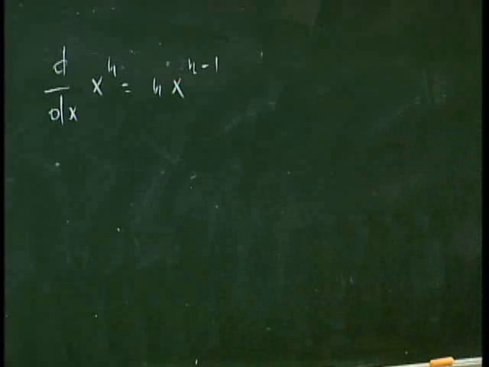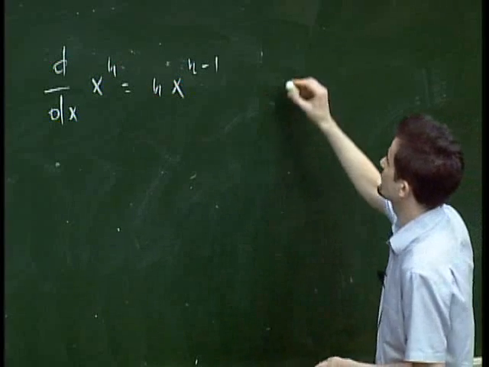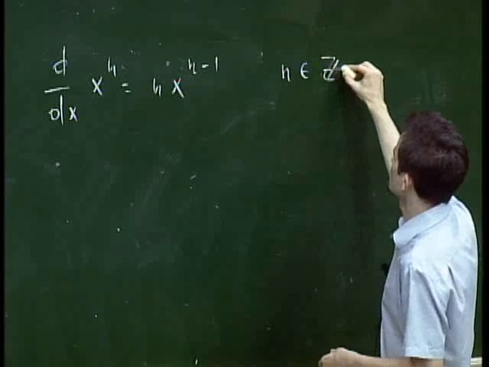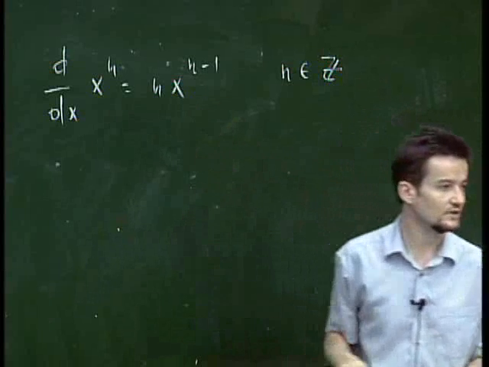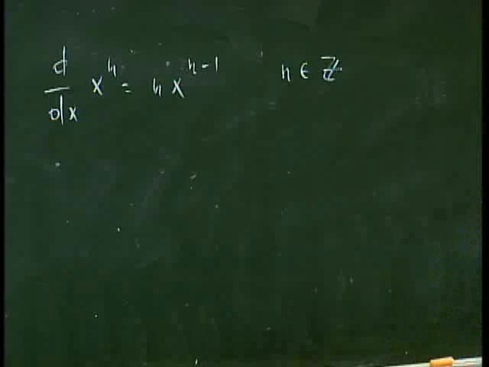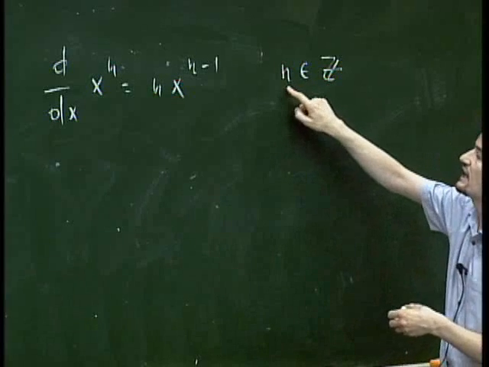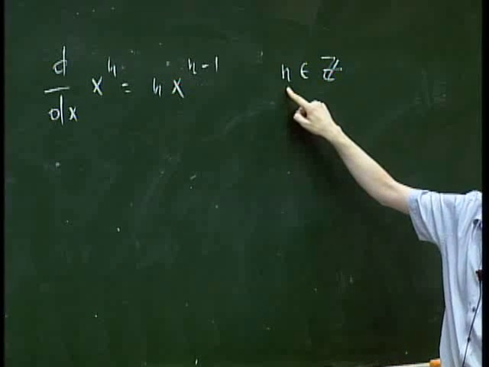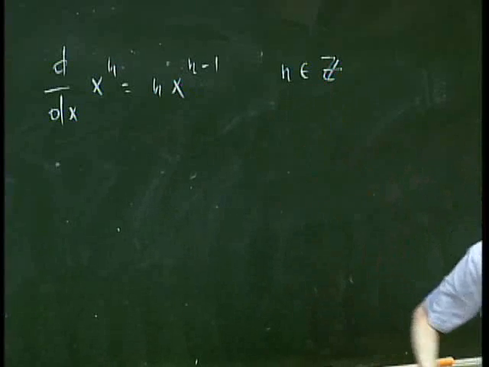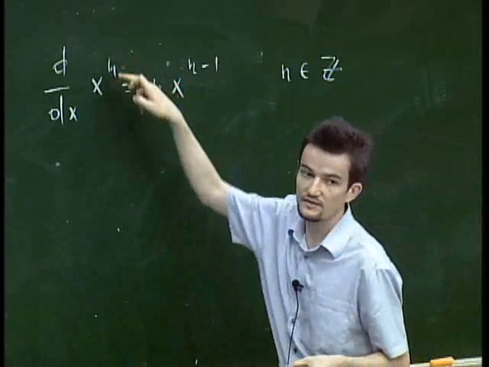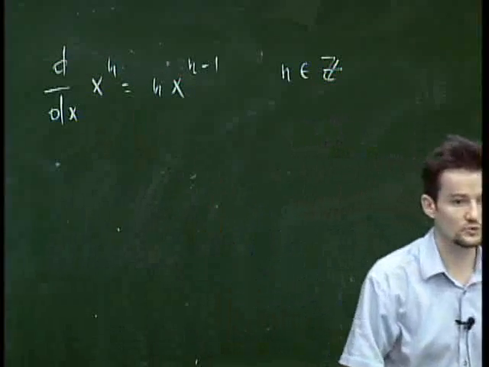But actually, if you recall, our proof was just for n being an integer. For all other situations, I haven't provided a proof yet for this rule. To remind you, the case where n is larger than 0 is quite easy. Here you use the binomial theorem, and for n smaller than 0, you write this as 1 over x to the minus n, and you use the quotient rule.